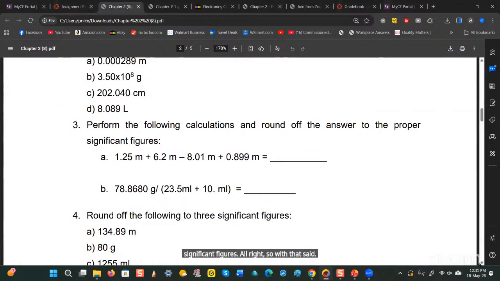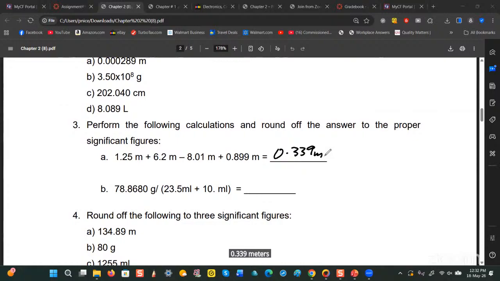first thing we need to do is add these numbers up. So 1.25 plus 6.2, and then we minus 8.01, and then plus 0.899. And then I got on my calculator display 0.339 meters.